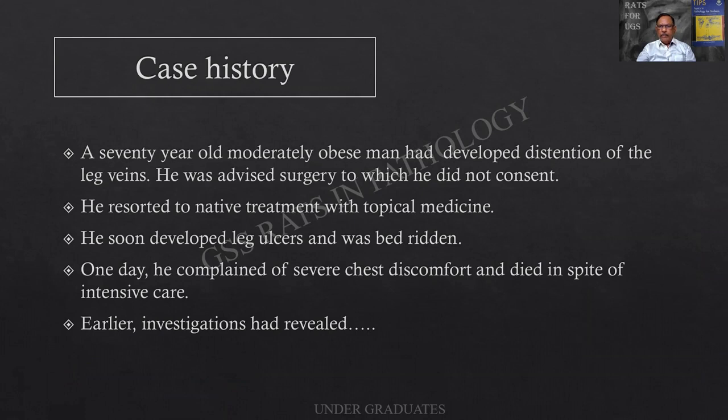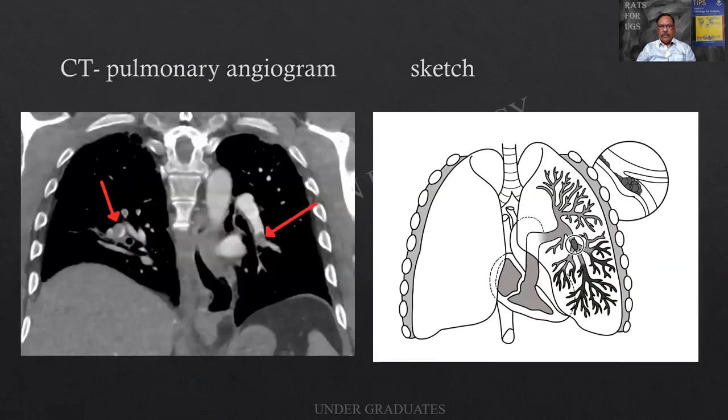I hope you people have made the diagnosis. Otherwise, earlier investigations had revealed, so the investigation is given over here. It is a CT pulmonary angiogram. I think the diagnosis is here itself.